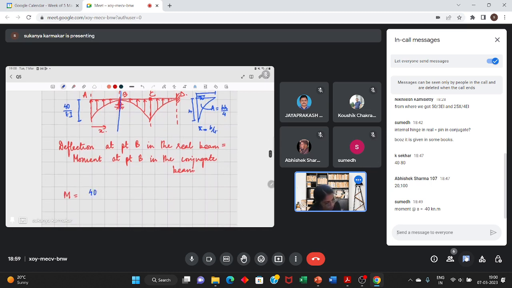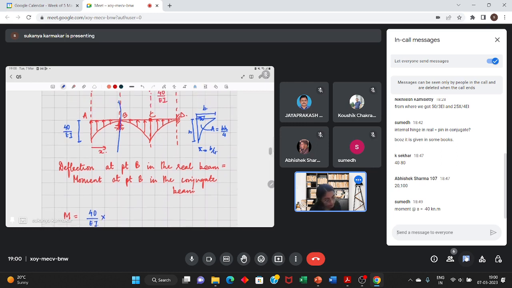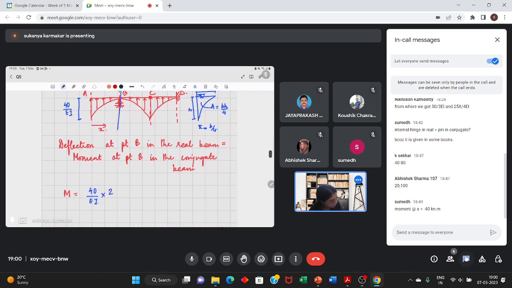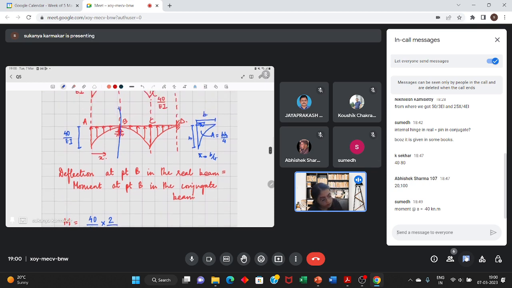So 40 by EI into the base being 2 meters. Sorry, the area is BH by 3.